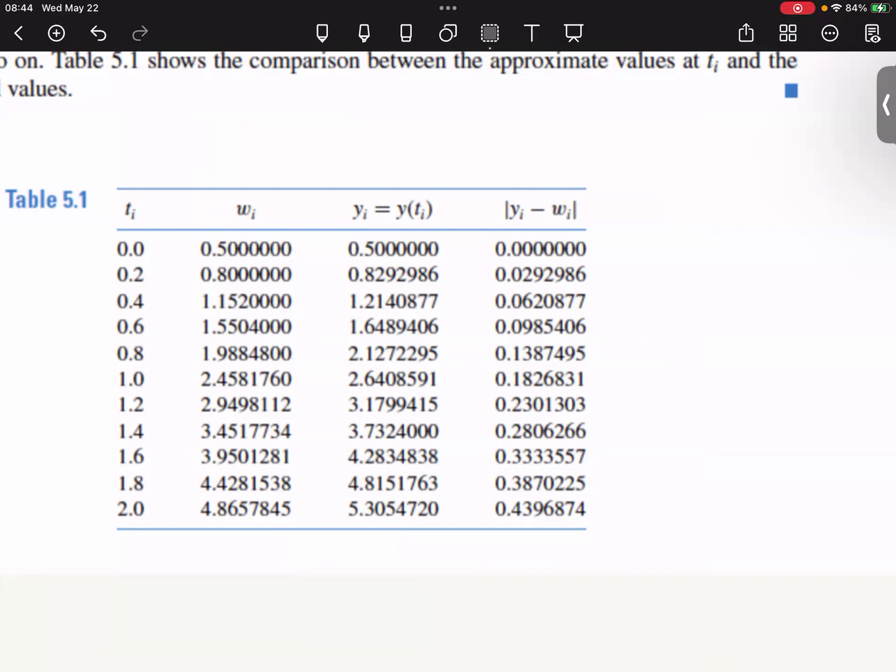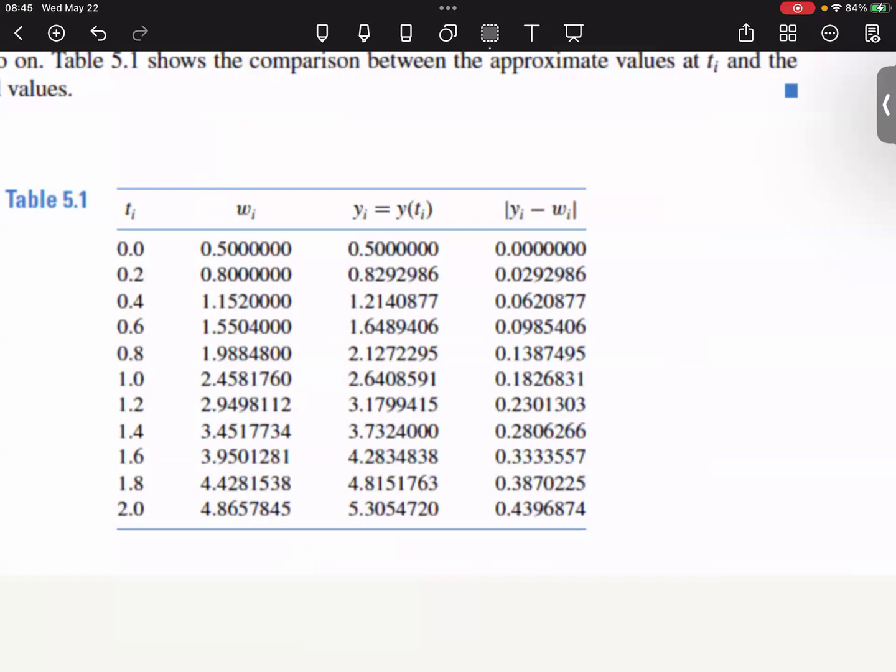Do you see this happening in this example? Actually, this is not something that happens just to this example. It happens to any numerical method for the initial value problem. At the very beginning you have a small error, but the error could propagate and become bigger and bigger at the end.